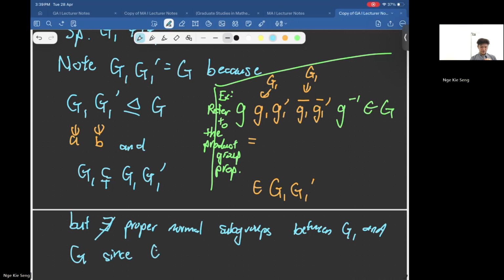Because G mod G1 is simple. So this is a bit like a maximal ideal. So G1 is the maximal ideal, then if you have a larger ideal, it should be the whole ring. So this is a big idea like that. If not, you should try for this.